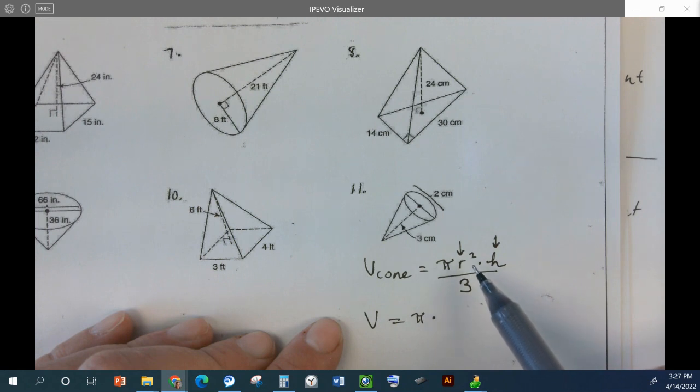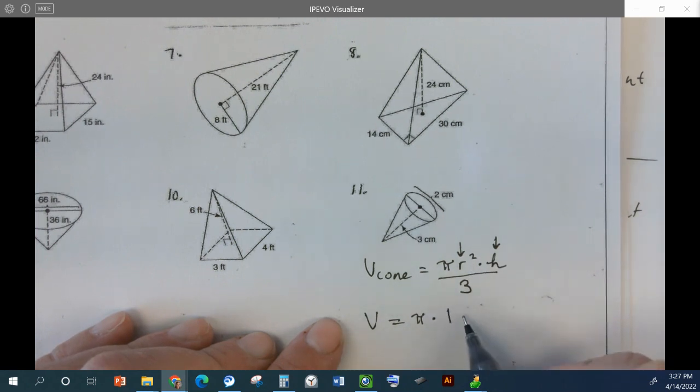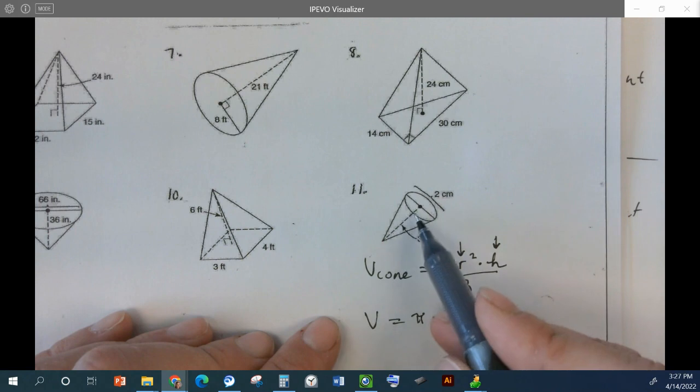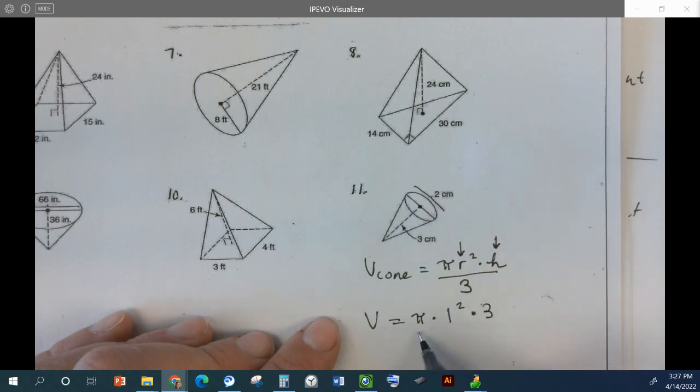Can somebody help us with the radius? Sorry, perfect. I got you. 1. Good. How did you get 1? Perfect. Good. They give us the diameter. We have to cut it in half. Perfect. All right. And then the height is given here, 3. And then we divide by 3.